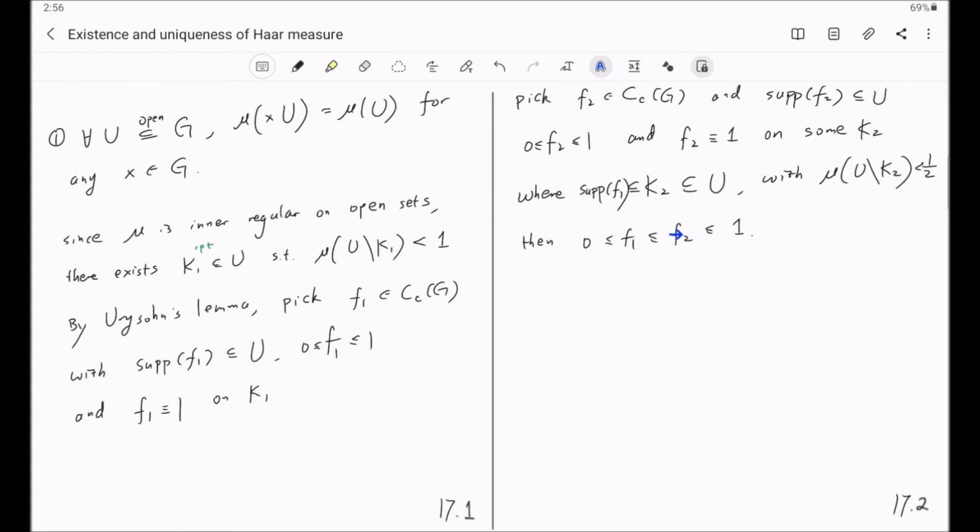So F2 on K2, which is constantly equal to 1, is greater or equal to F1, and outside of K2, since F1 is 0, clearly you have this inequality. Now you're going to repeat this procedure. So we get an ascending sequence F1, F2, F3, all the way to Fn. They are all between 0 and 1.